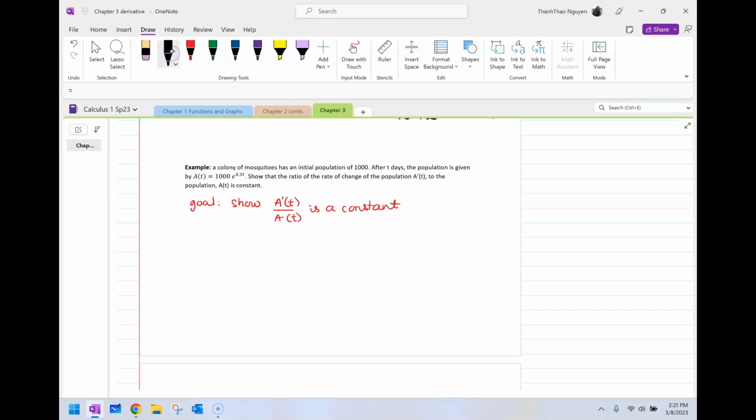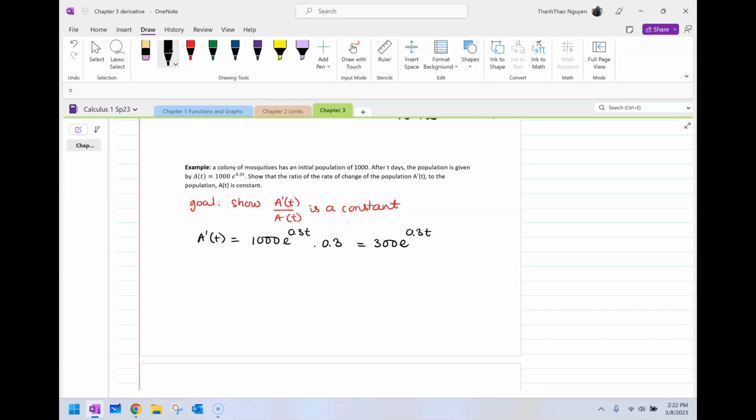So first step, we need to find A prime of t. A prime of t is equal to 1,000 e to the 0.3 t times 0.3. So that is 300 times e to the 0.3 t.